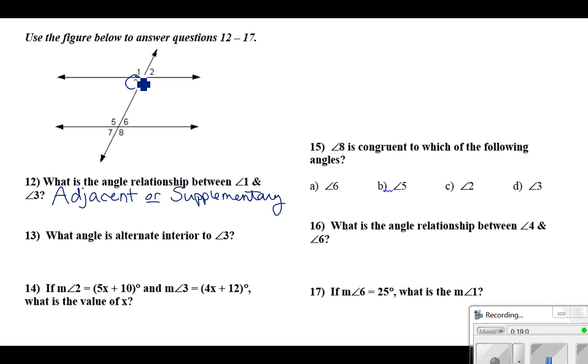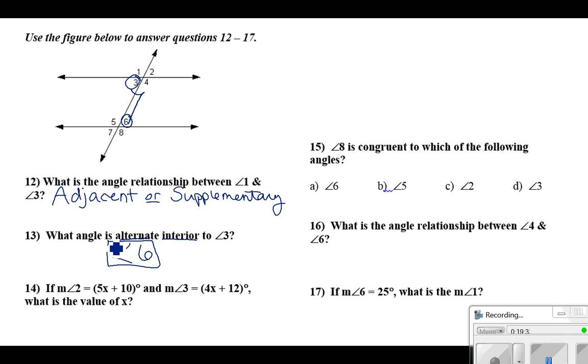And we're looking for alternate interior. So alternate means on the other side. I'm going to jump over to the other side, but it's on the interior still. So I'm going to go down to angle 6. So angle 6 would be the alternate interior to angle 3.